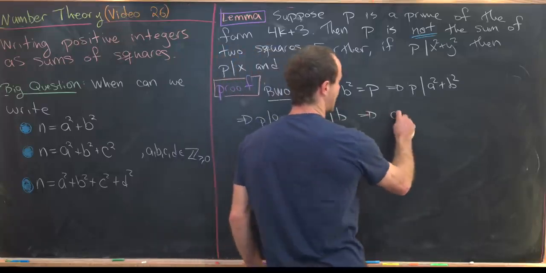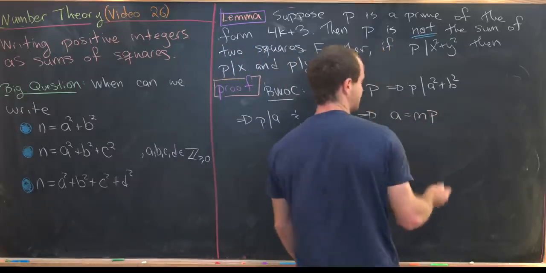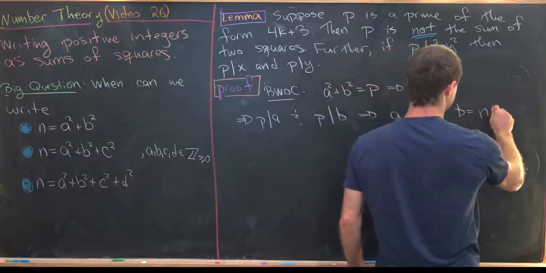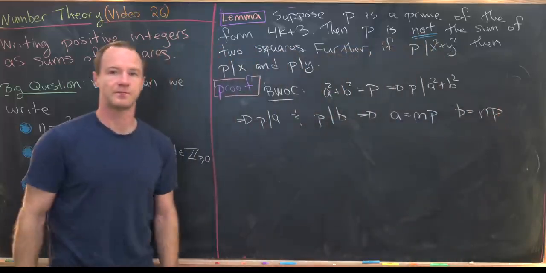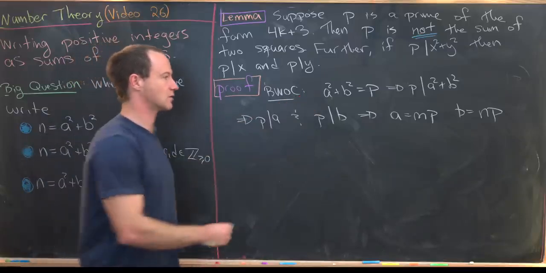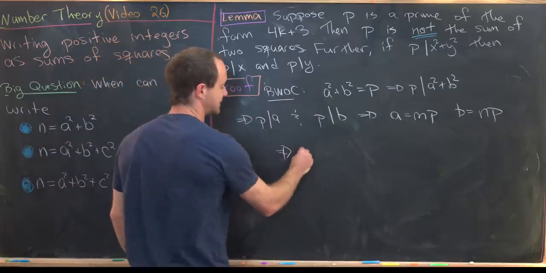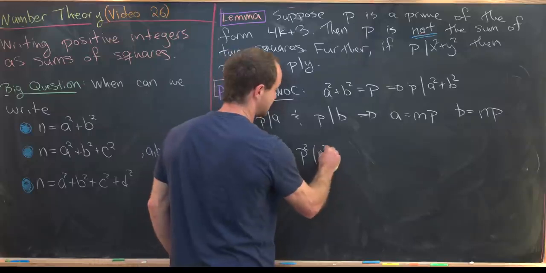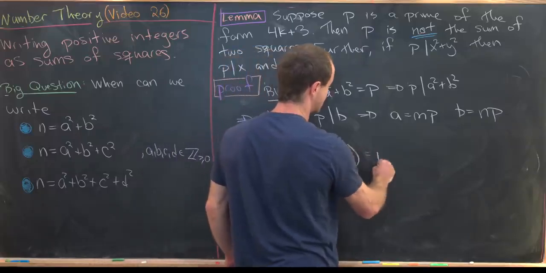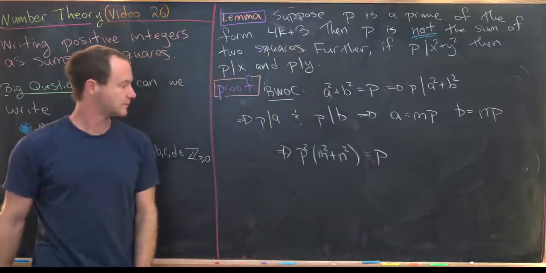But that means we can write a as m times p. We can write b as n times p. Now we'll throw that back into our original equation, and we'll see that we get p squared times m squared plus n squared is equal to p.